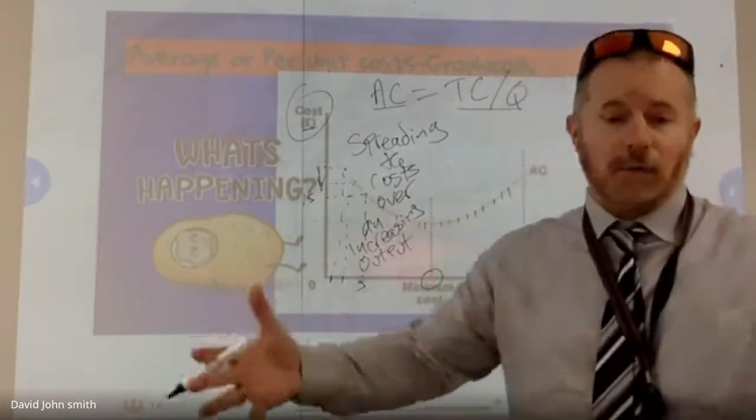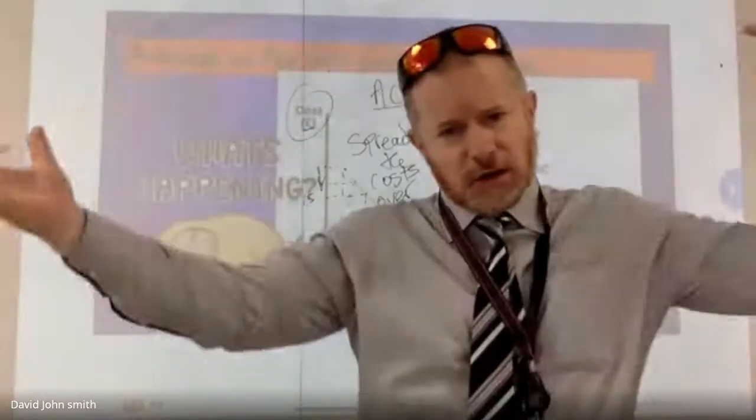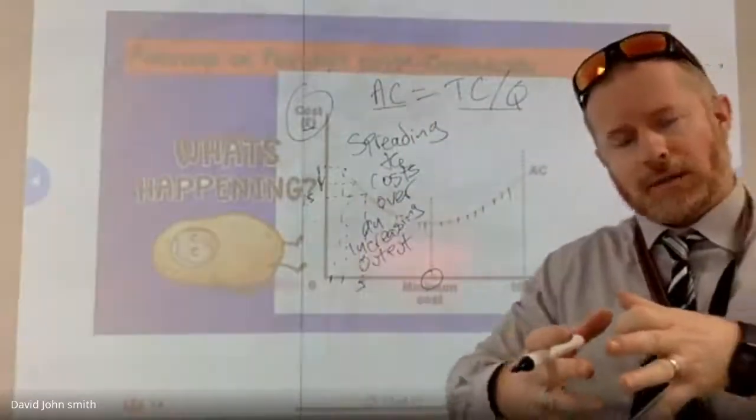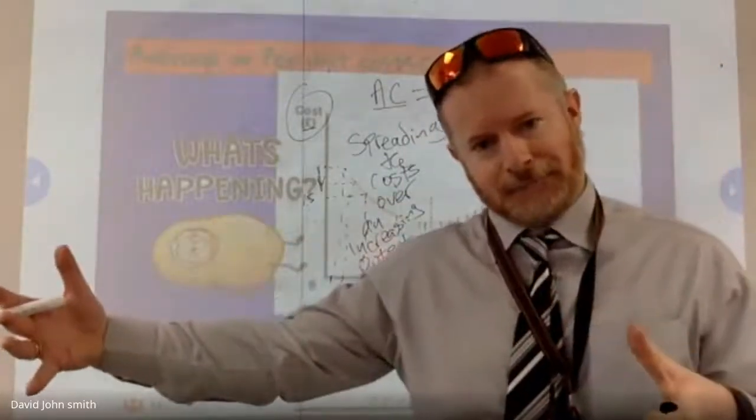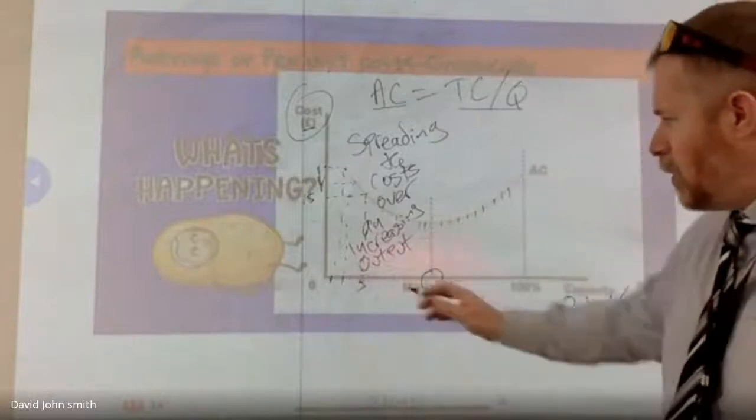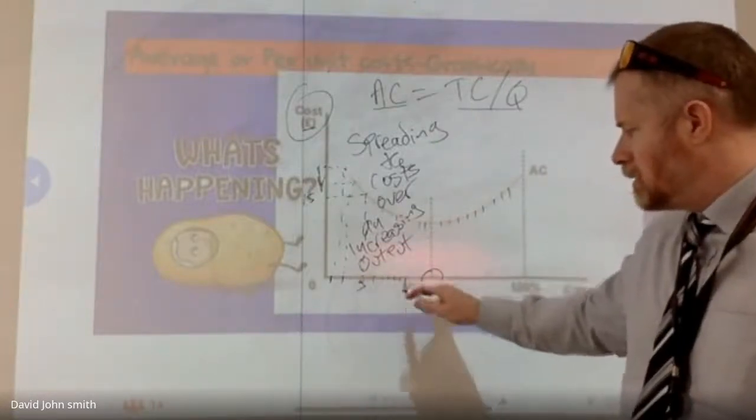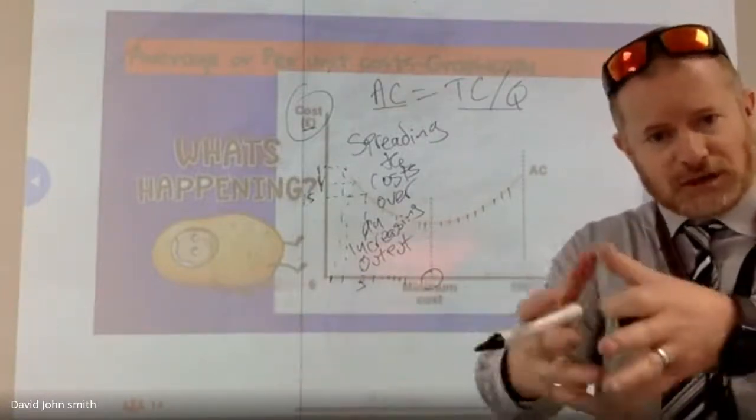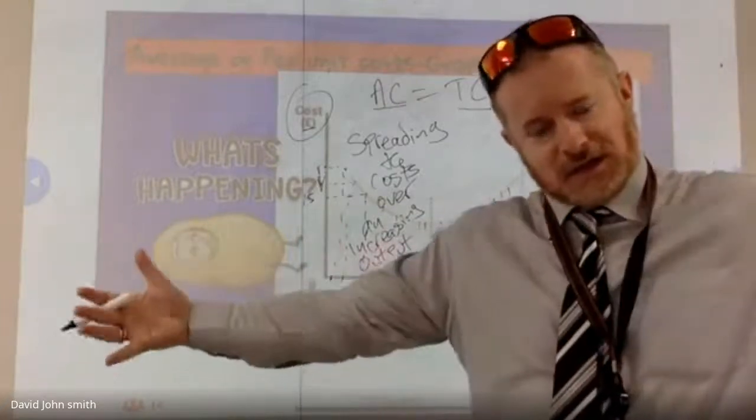All right, we've got more output. We're making more quantity, lots more quantity. So we're able to spread those costs out. So therefore, each additional unit we produce is more units that we can spread the costs out over.